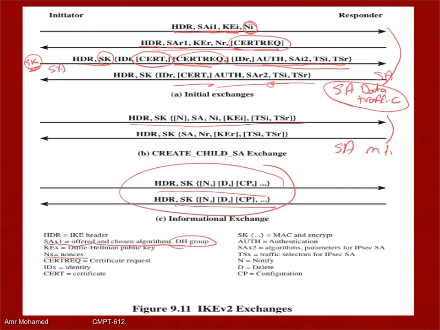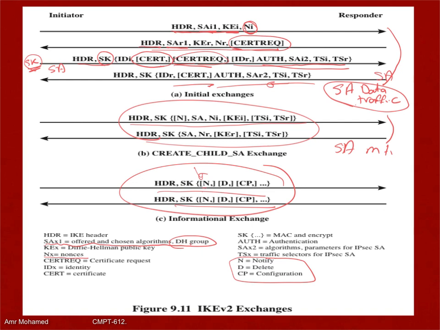Okay, fine. So once we create the management security association, as we said, we have a small logical tunnel which goes in parallel to the data tunnel. Okay. This tunnel can be used for sending management messages, and these messages are these three, basically.